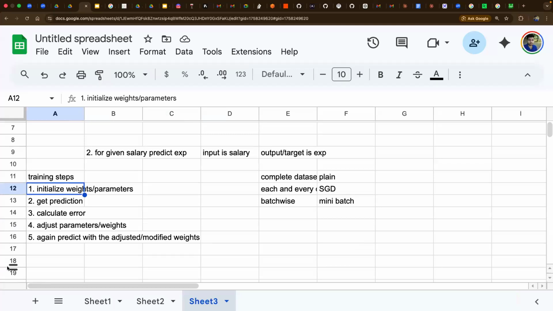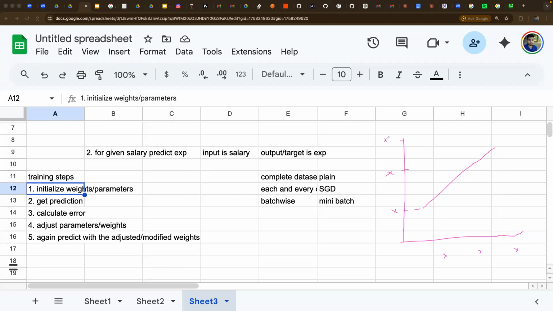So first, because this is a regression use case, this is the input data point, and the corresponding output was somewhere here. I don't know the value, I am just writing it here.